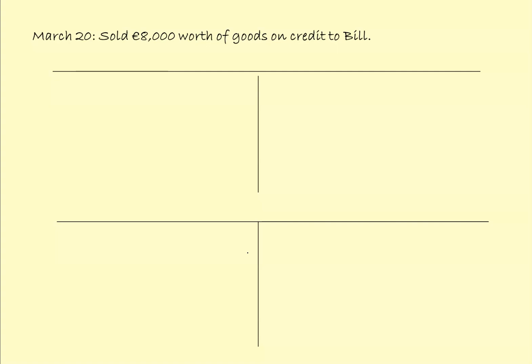March the 20th, sold 8,000 worth of goods on credit to Bill, so no money changes hands, so I need an account for Bill. Sold goods, I already have a sales account, so I need an account for Bill, and if you look back, you can see your sales account already has an entry on the credit side.